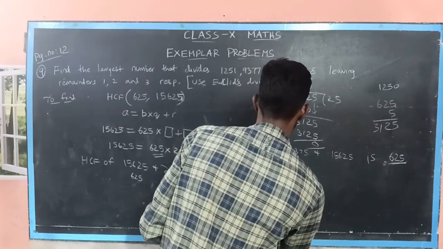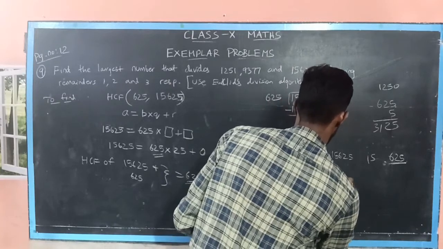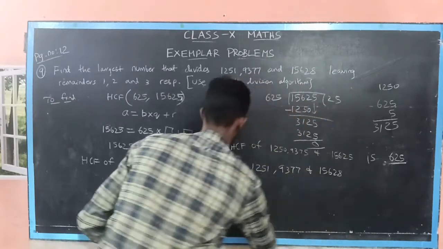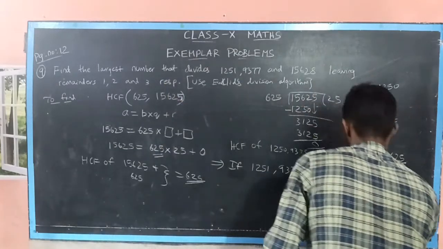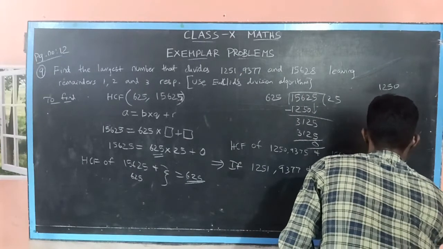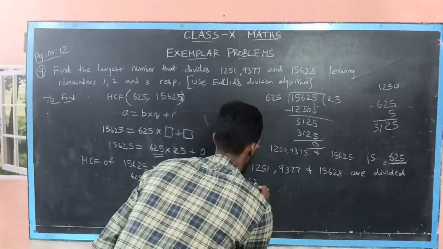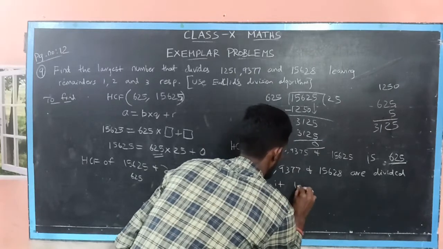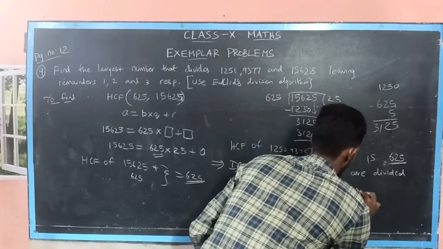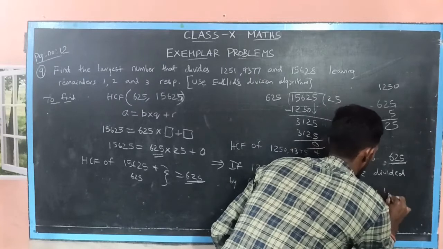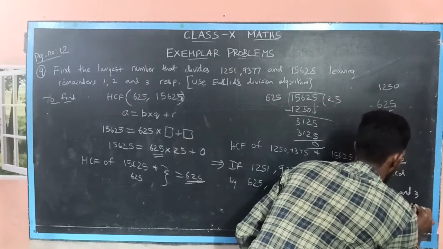1251, 9377 and 15,628 are divided by 625, it leaves the remainders 1, 2 and 3 respectively.